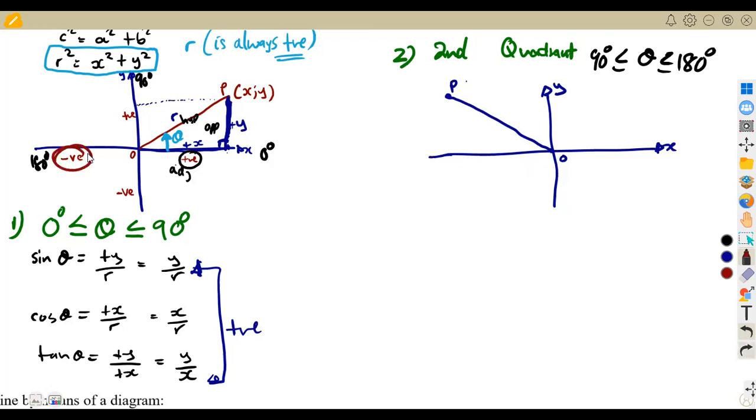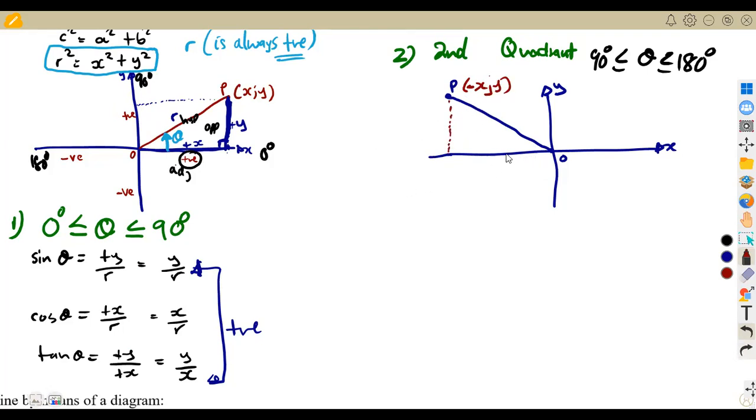Remember, I said at this side, x is negative. So x is no longer positive. The y value is on top, and on top, y is positive. So we are going to have the y value as a positive.